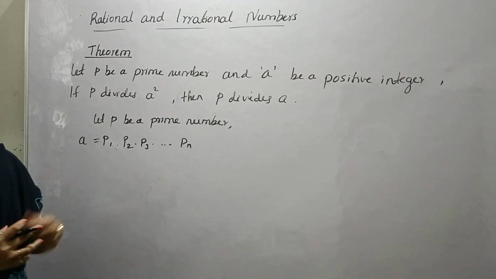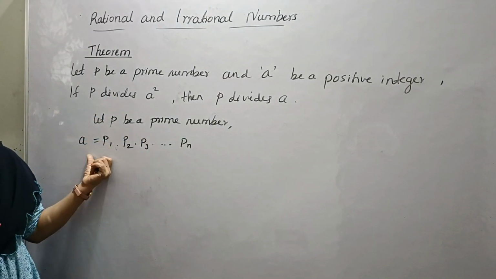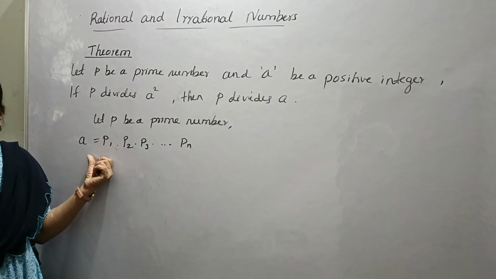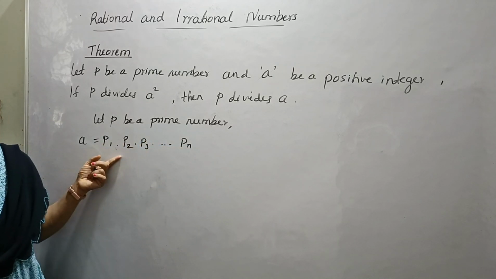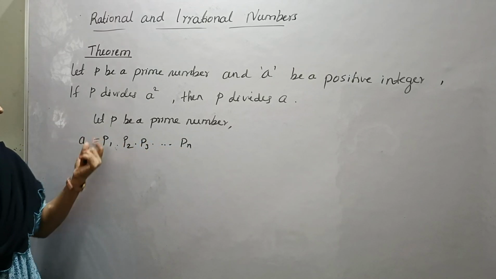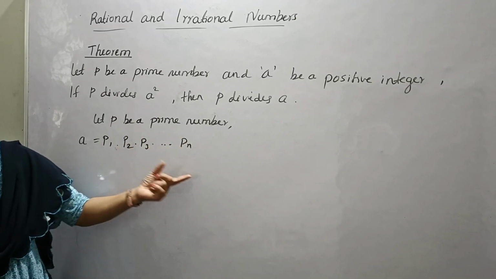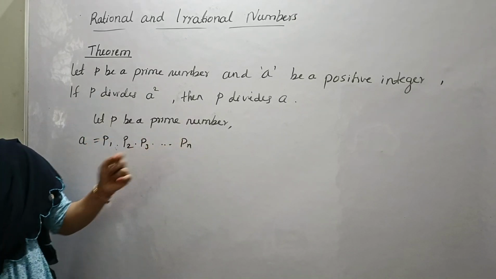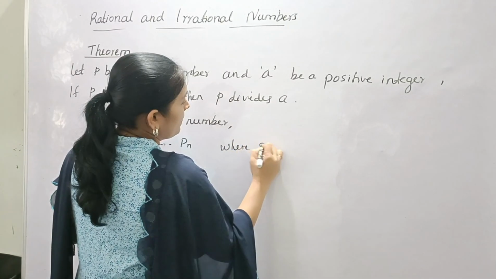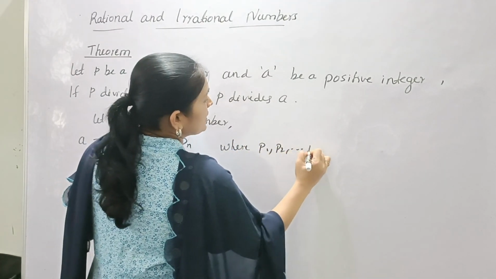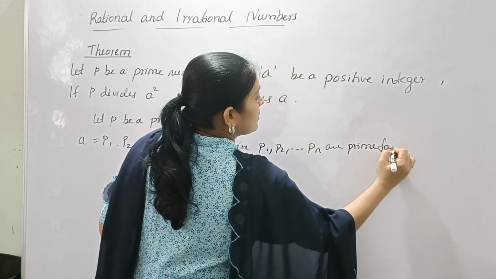By the fundamental theorem of arithmetic, any positive integer can be expressed as a product of prime factors, so a can be written as p1 into p2 into p3 etc. into pn, where p1, p2, etc. pn are prime factors.